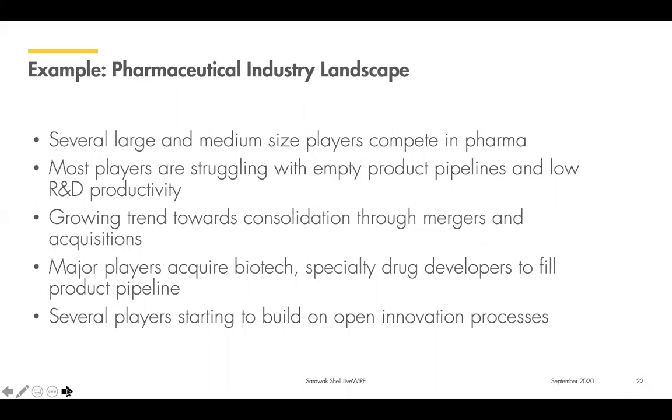The other trend that competitors are following is that, because they could not develop internal capabilities, they're buying other businesses that have potential with new treatments or drugs, right? And this does not just happen in the pharmaceutical industry, it also happens in technology. You hear a lot of stories like Facebook buying WhatsApp or Facebook buying Instagram, right?